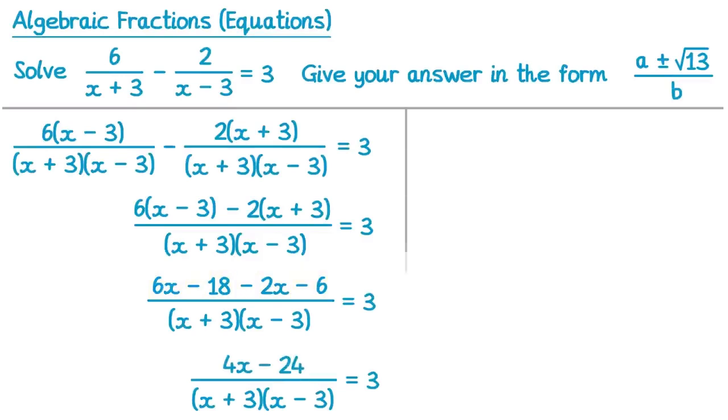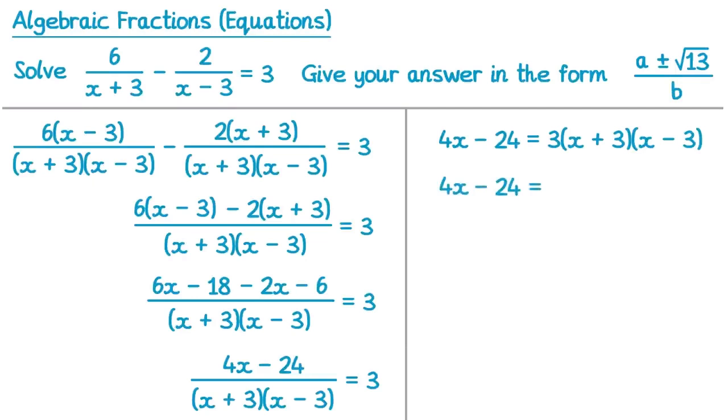Then we would multiply both sides by that denominator, (x plus 3)(x minus 3). This will clear the fraction on the left hand side, so you've just got 4x minus 24. But on the right hand side we have 3 lots of (x plus 3)(x minus 3). To solve this we'll leave the left hand side alone. And on the right hand side we've got 3 lots of whatever we get when we expand these two brackets. Well, this one's the difference of two squares.